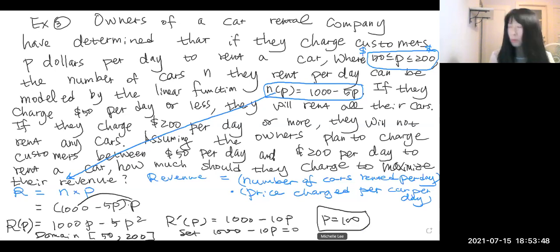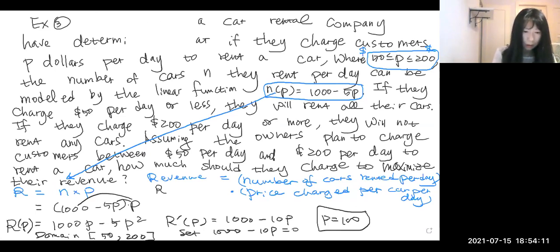Now we substitute into the function. So R of 100, which is 1000 times 100 minus 5 times 100 squared.